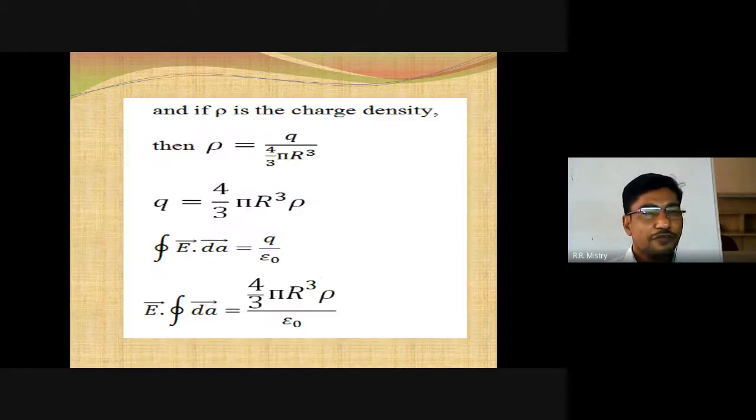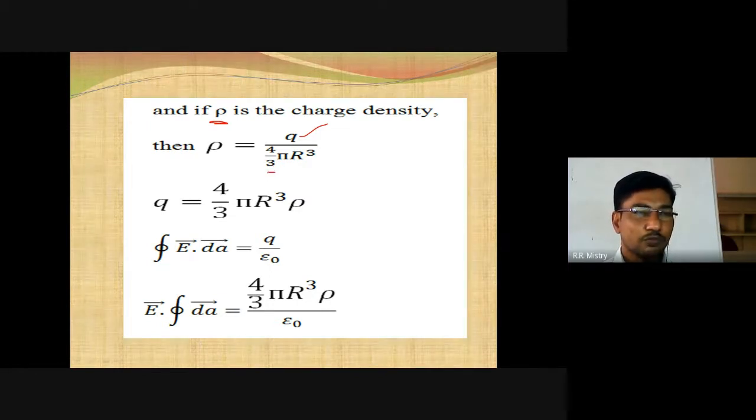If rho is the charge density, rho is the volume charge density, because the sphere is spherical. Total charge is Q. What is the volume? Volume of the sphere is 4/3 pi R cube.